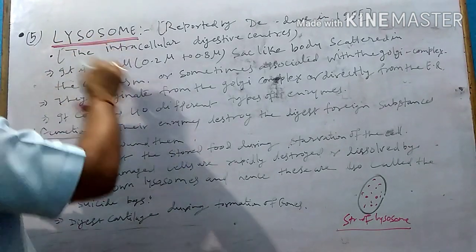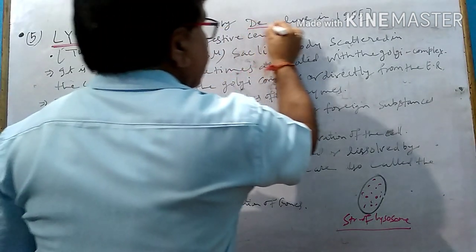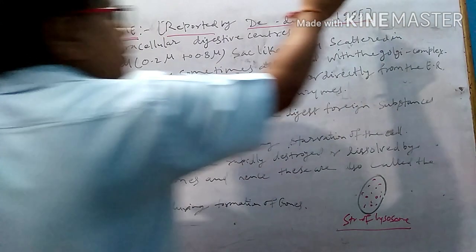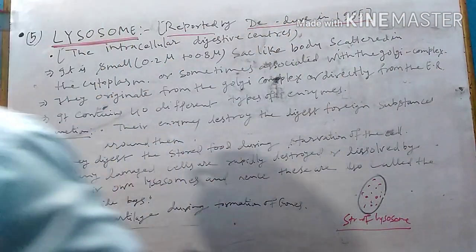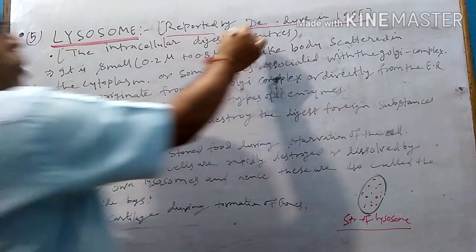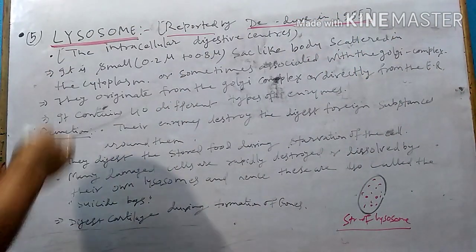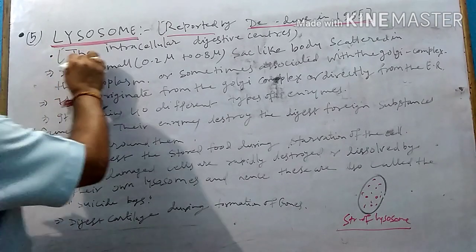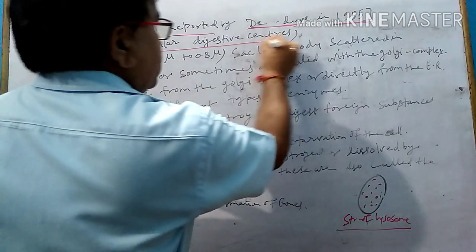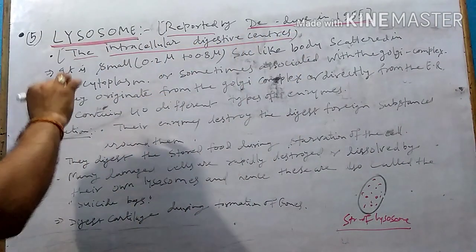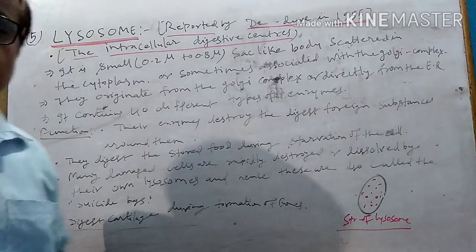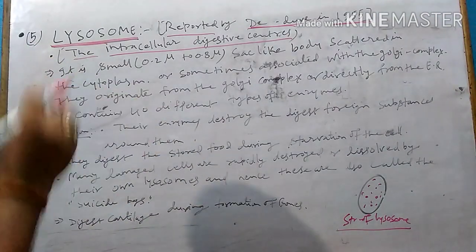This lysosome was reported by de Duve in 1955. It is also called the intracellular digestive center.